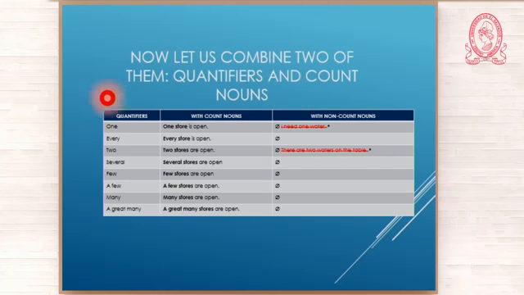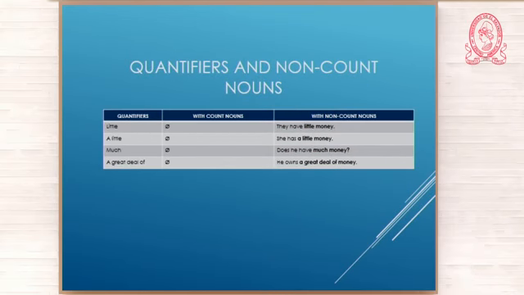Now, this group of quantifiers can be combined only with count nouns. But now let us see the next chart. There is also another set of quantifiers that you can combine with non-count nouns.